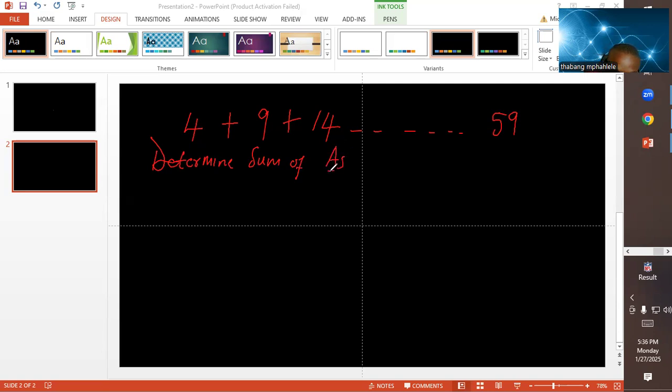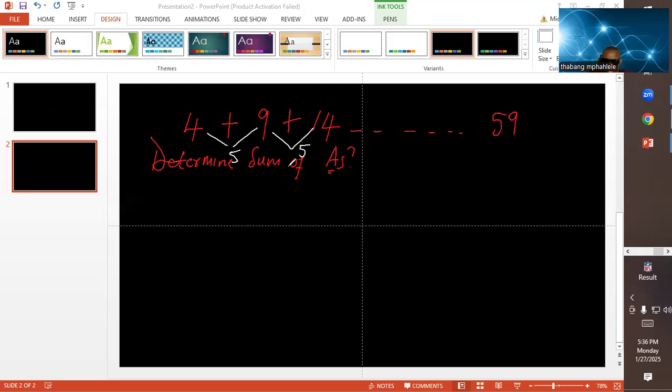Because this is an arithmetic series, and we can prove that it is indeed an arithmetic series, we see that term 2 minus term 1 is 5, and term 3 minus term 2 is 5. So this is a series with a difference of 5. So this is indeed an arithmetic series, and we are looking for the sum of this arithmetic series.